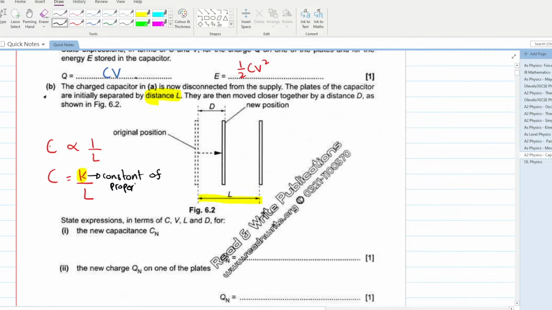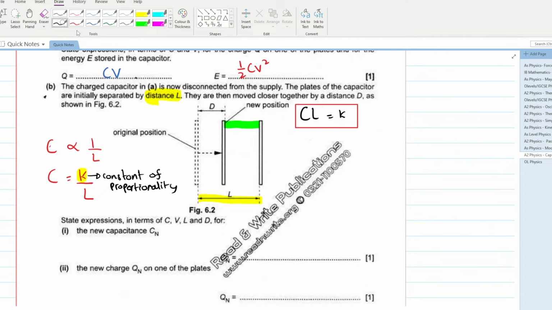Now what can you do here? You can multiply L and C. This will become CL is equal to your constant K. This is your first equation. Now what you have done is you have decreased the distance by D. What is this resulting distance?